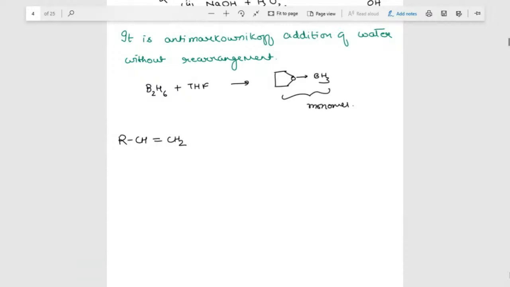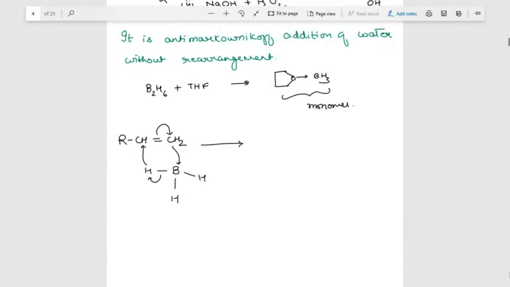This alkene, and now this BH3, will have a transition state like this. And to be honest, it has two more hydrogens, so it will repeat the same with two other alkenes also.